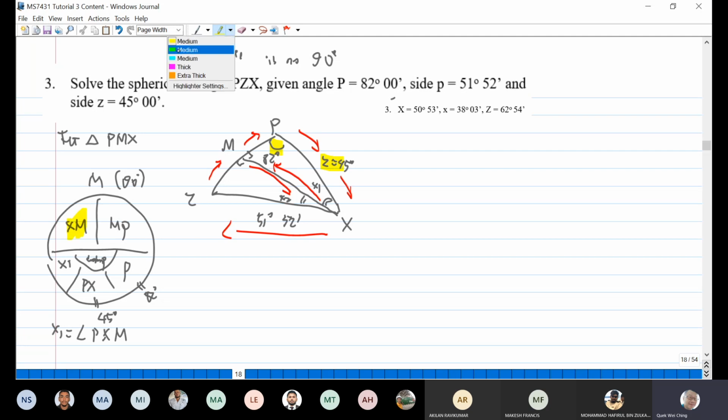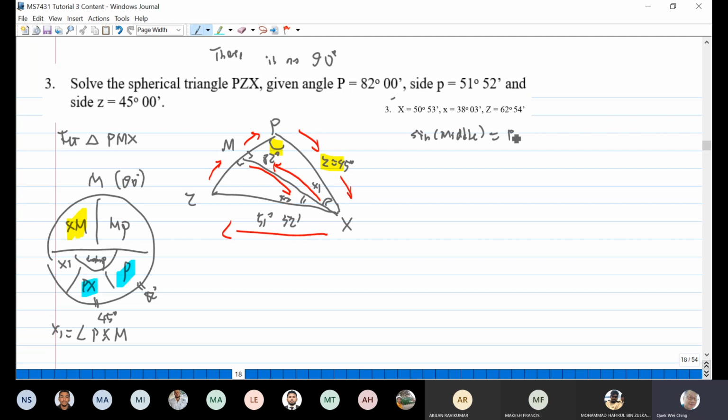Based on this opposite, I use blue for opposite here. So the formula I use is sine of middle part. I always use yellow for middle part, right?